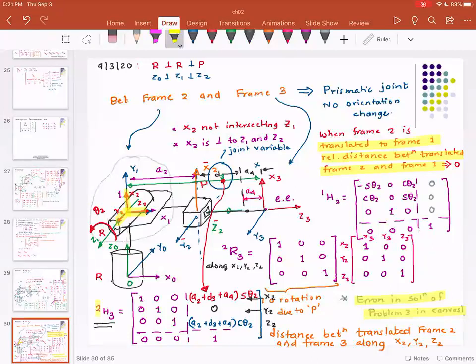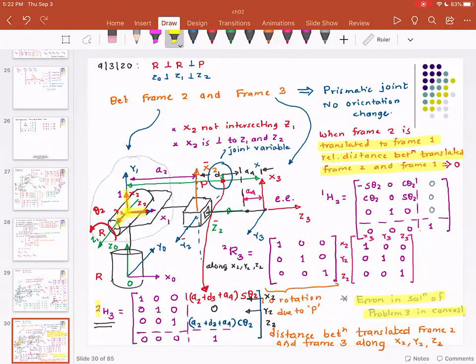Does A2 equal to 0 matter? A2 equal to 0 matters, because what happens if A2 is equal to 0? In that case, the distance between frame 3 and frame 2, which is now aligned with frame 1, will just be D3 plus A4.